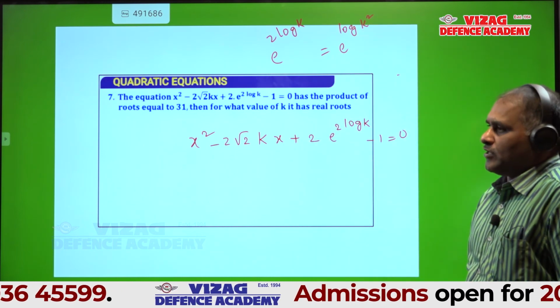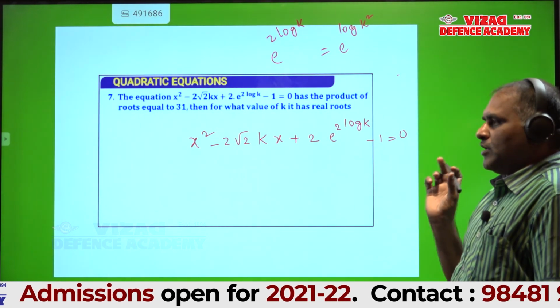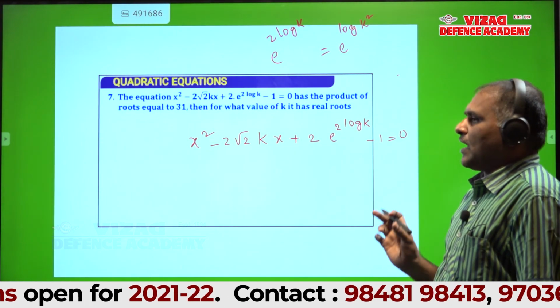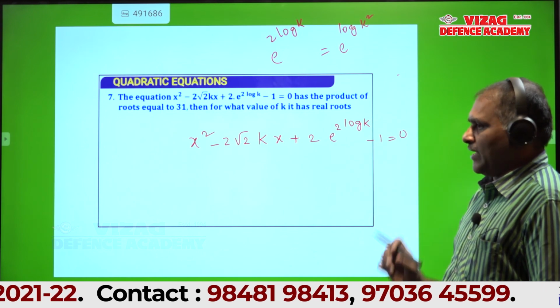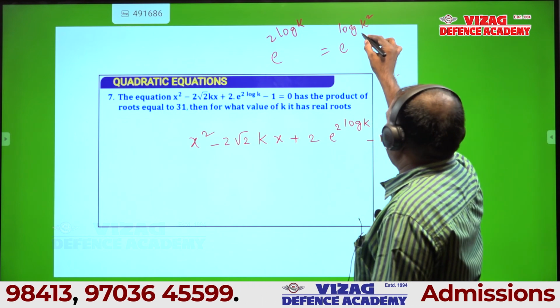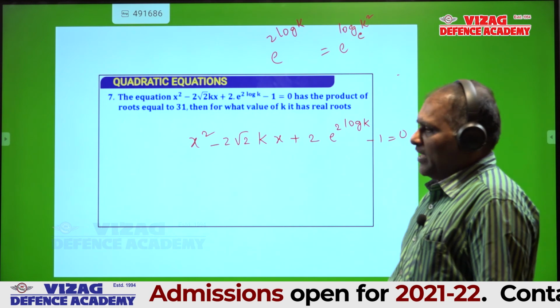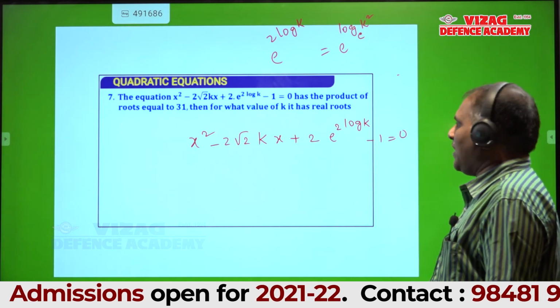Listen everyone, in mathematics, if the logarithm base is not given, it is always base e.